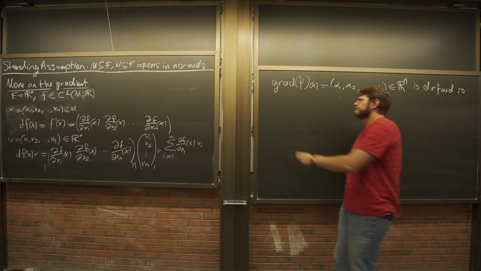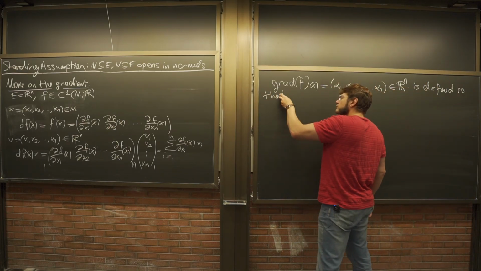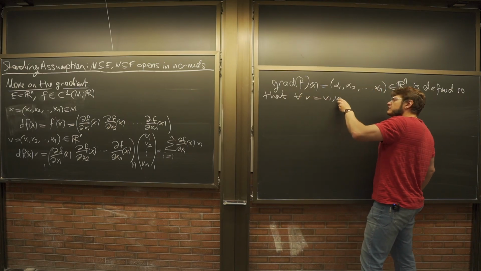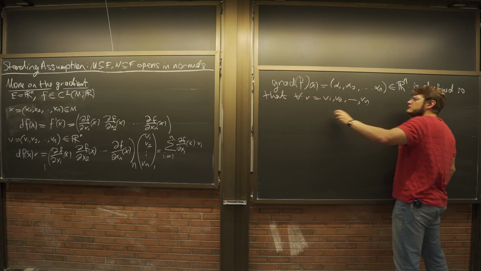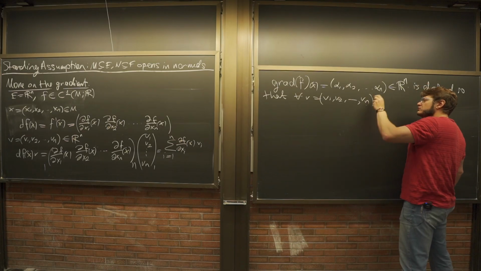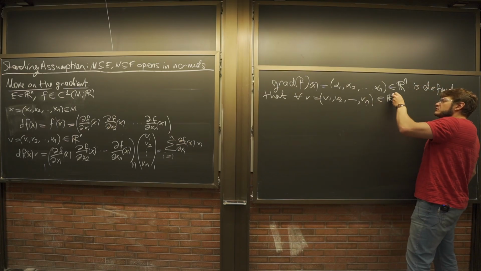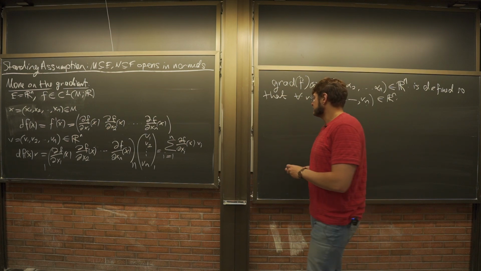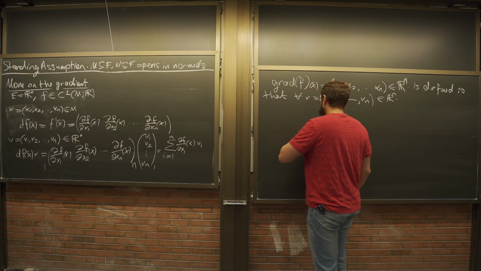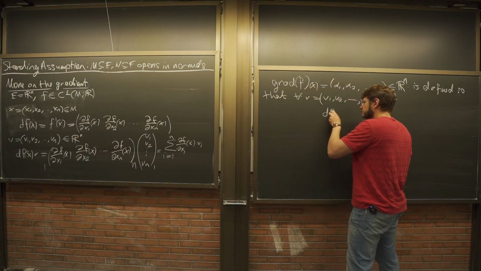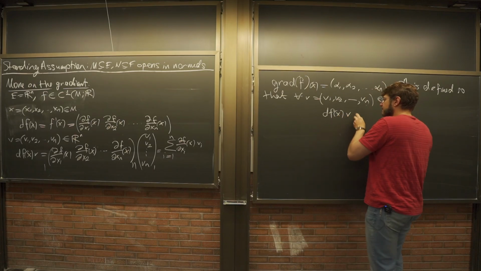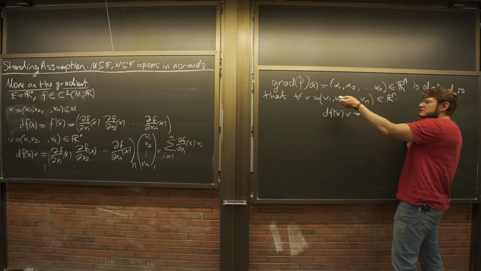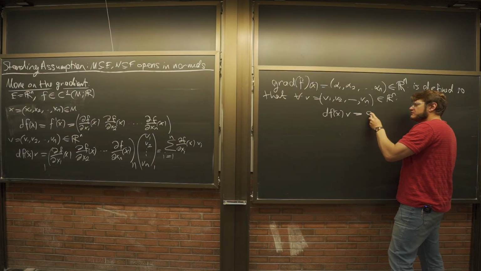So that for any v, any tuple, we have that df of x acting on v is the same thing as grad of f at x against v.